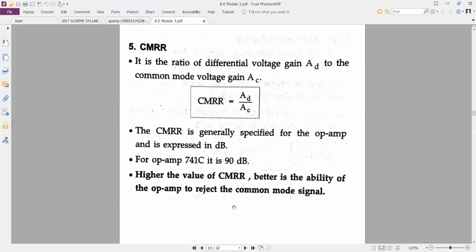The CMRR is generally specified for the op-amp and is expressed in decibels, and for the op-amp 741 IC it should be 90 dB.